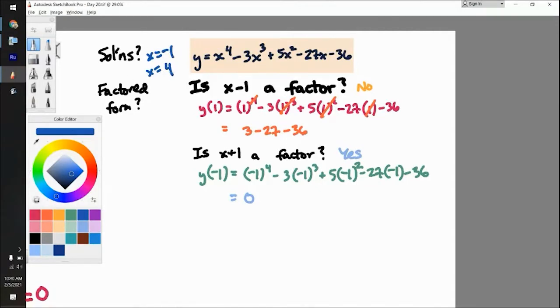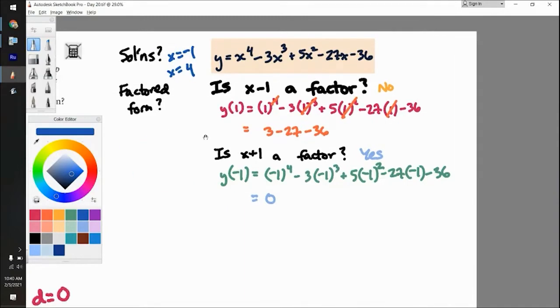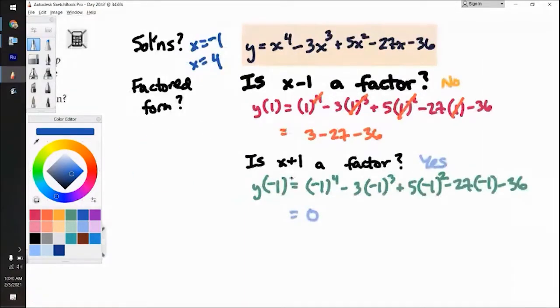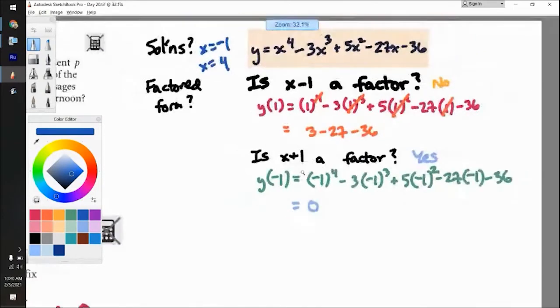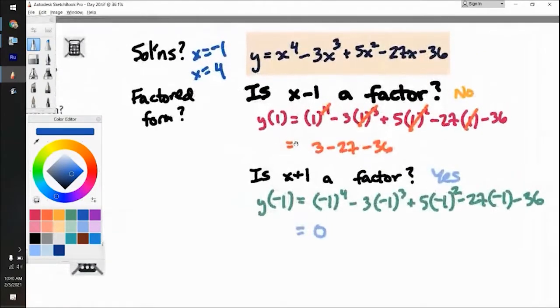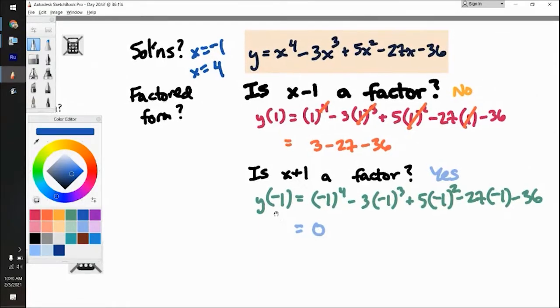How many solutions should we have, though? Based on the power of this, the degree. 4. Thank you, whoever said that. Appreciate that. So we are looking for 2 more solutions. Does anybody have any ideas on how to find those 2 other solutions here? Okay, this is where it involves long division.